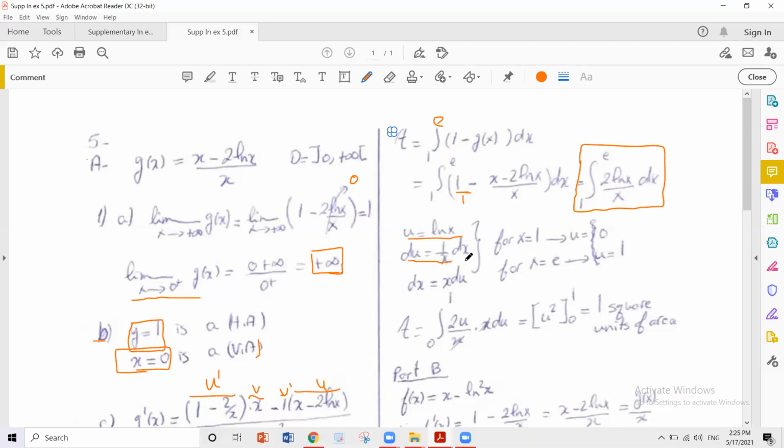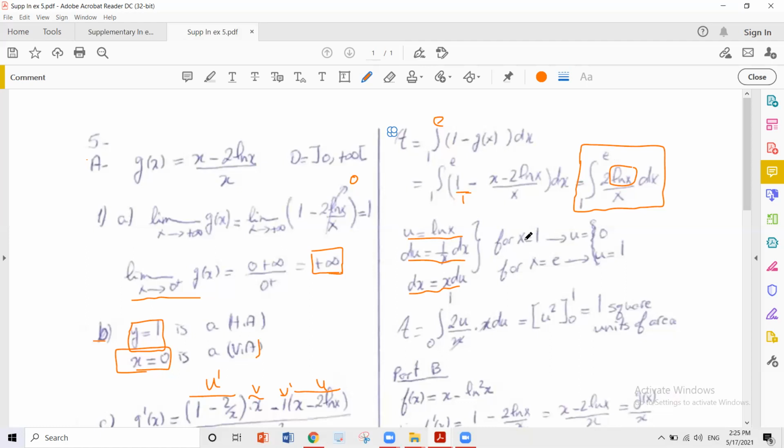Then du is equal to 1 over x dx, and dx equals x du.